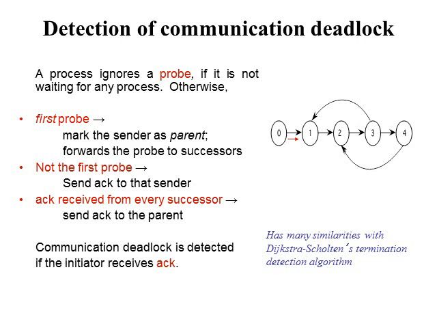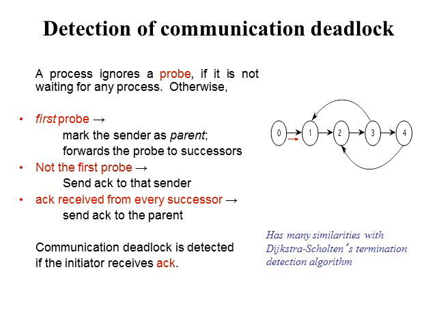If not, what happens? If one of the waiting processes receives a probe for the very first time, it's going to mark the sender of the probe as its parent, and it's going to forward the probe to all its successors, that is, to all the processes on its outgoing channels.